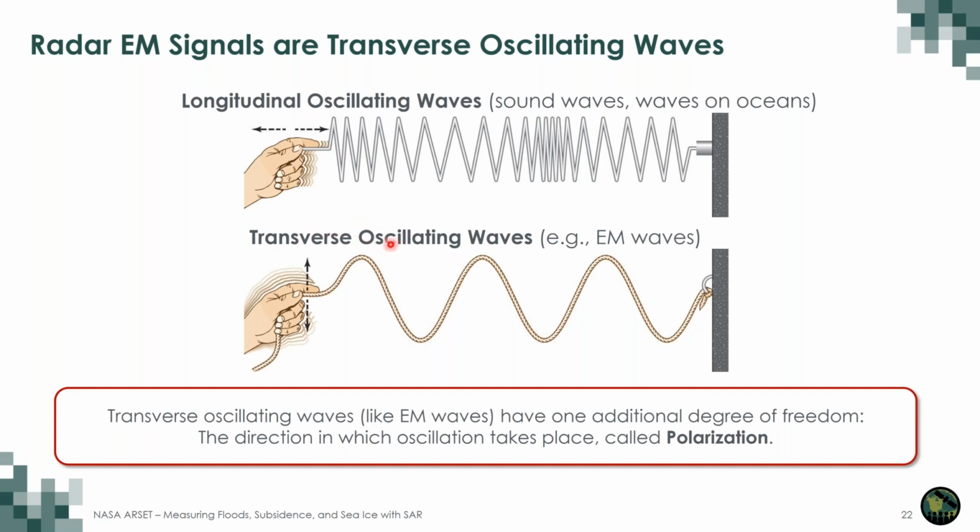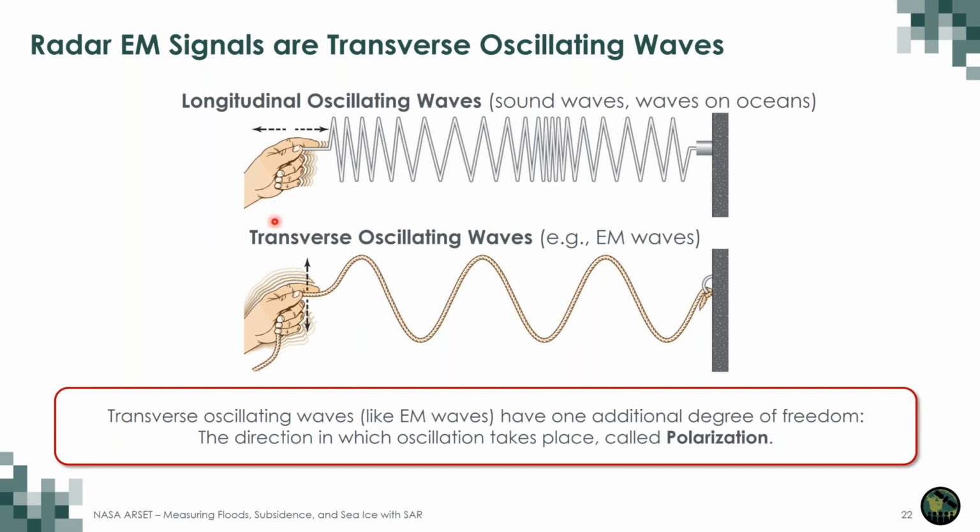Transverse oscillating waves means that their direction of oscillation, here shown as this up and down sinusoid, is orthogonal to the direction of propagation. So the electromagnetic wave would travel from the hand, in this case, to this wall on the other side. So propagation is from left to right.